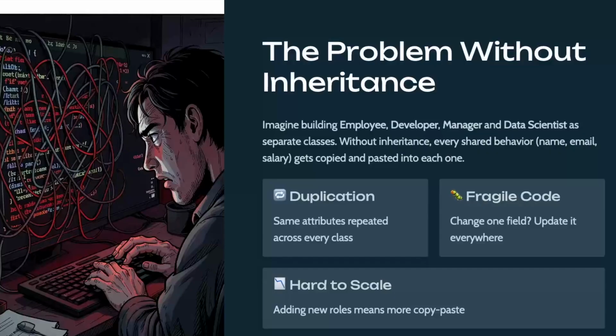This creates duplicated code. Duplicated code is expensive because every future change must be repeated in multiple places. Experienced software developers and engineers try to avoid this duplication whenever possible. Inheritance exists to solve this problem. It allows a child class to reuse functionality from a parent class while still adding its own behavior.